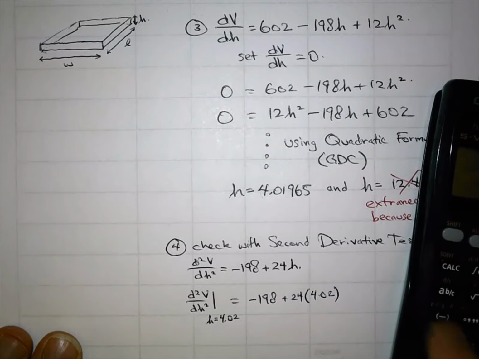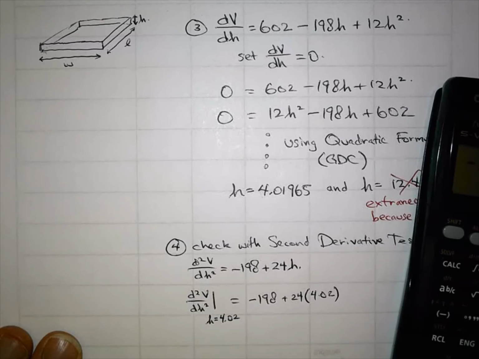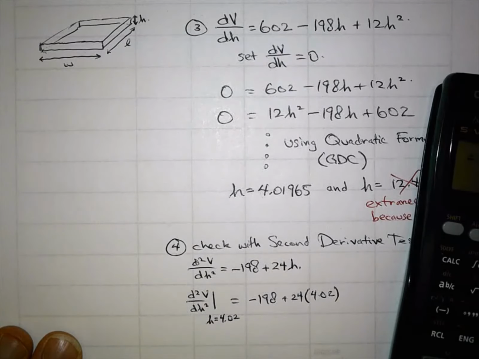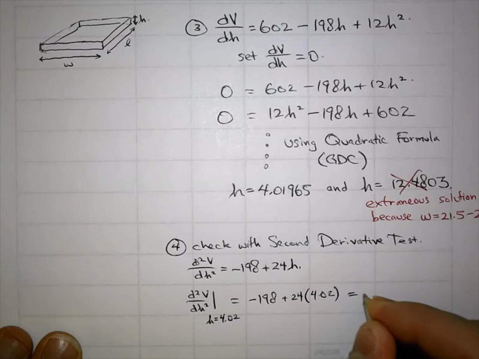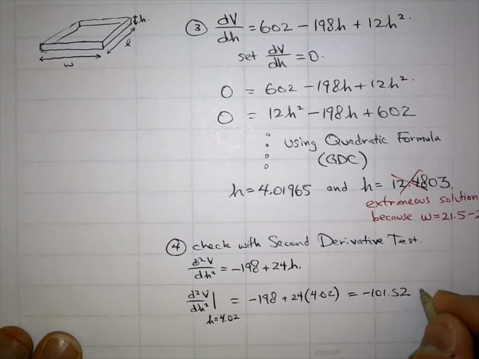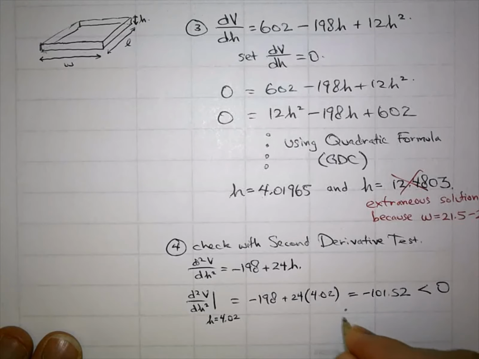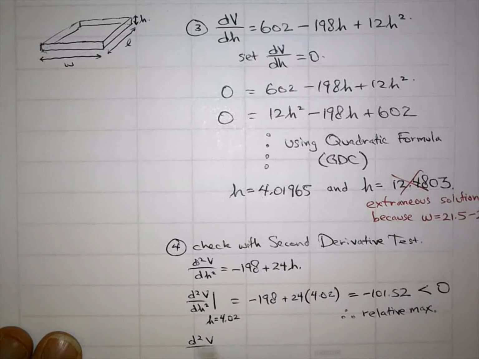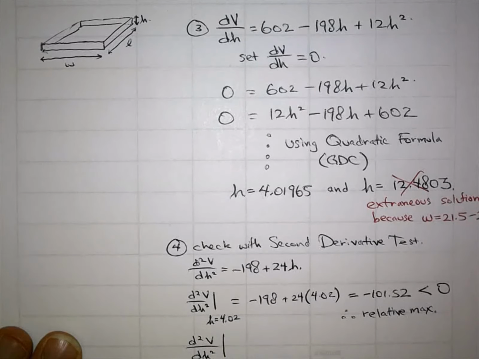That gives me negative 101.52, which is less than 0. Therefore, if it's negative, it's actually a max. So this is a relative max.